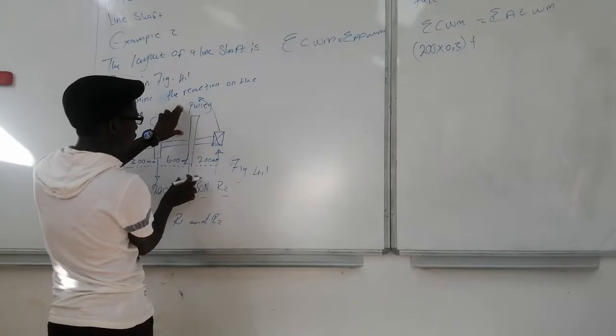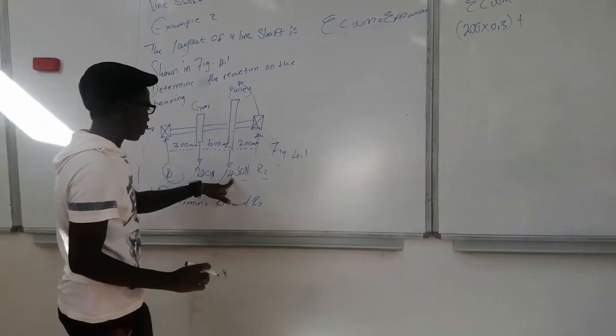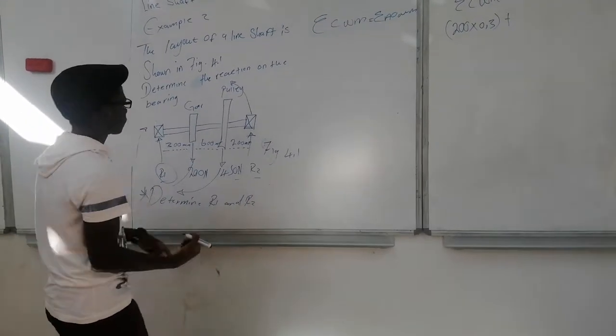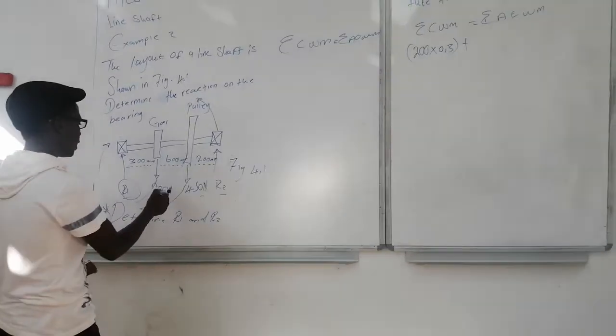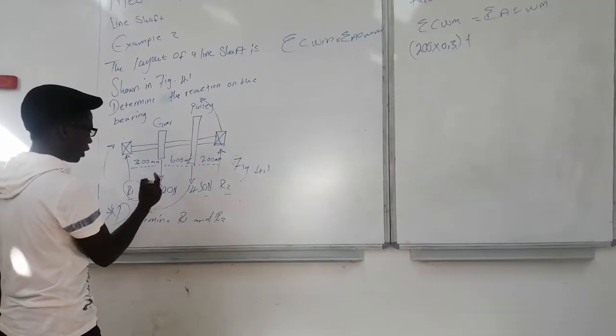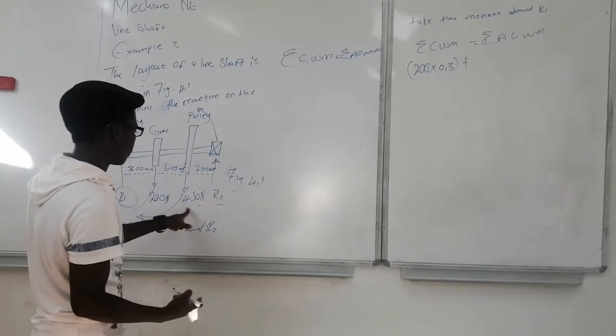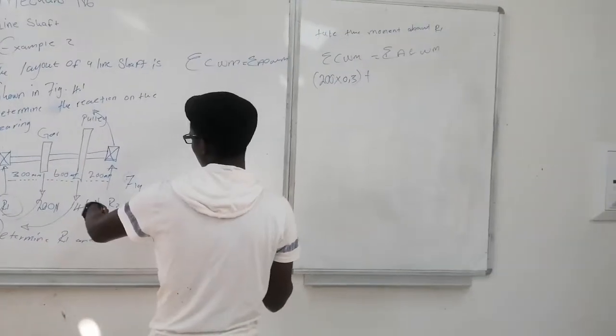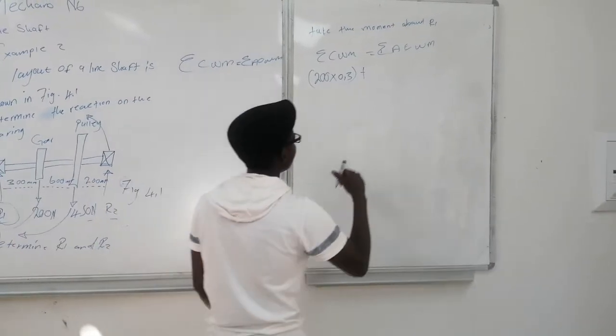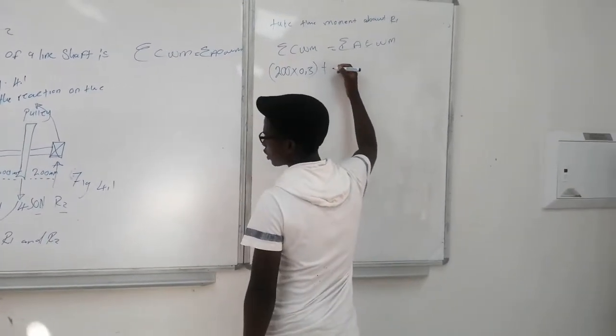We are coming to the pull. The amount of the pull is this one. This is the weight of the gear, 200. This one is the weight of the pull, 450. Therefore, we are going to use 450 because these two are going in the same direction, which is clockwise.